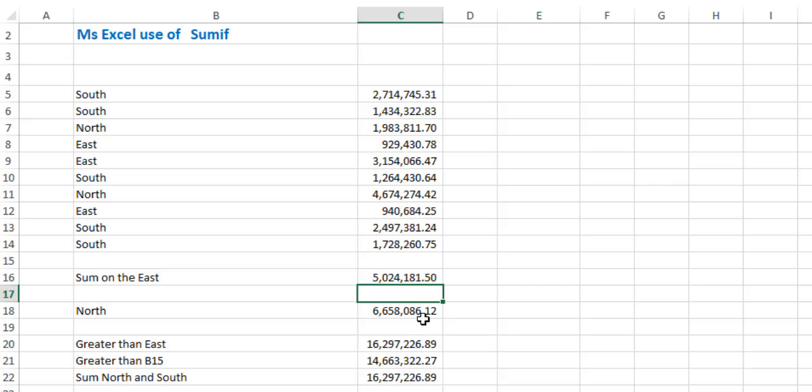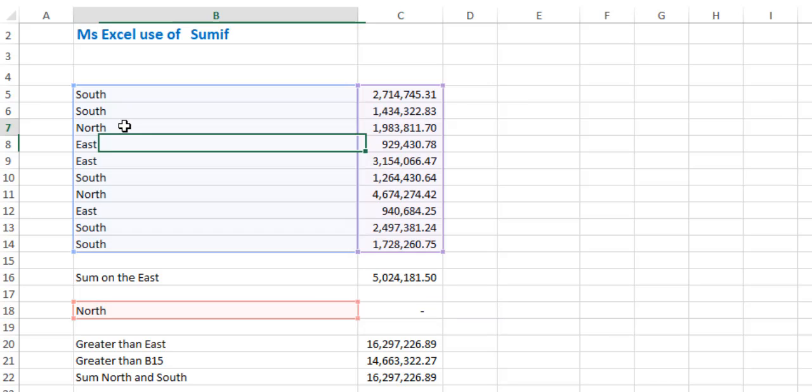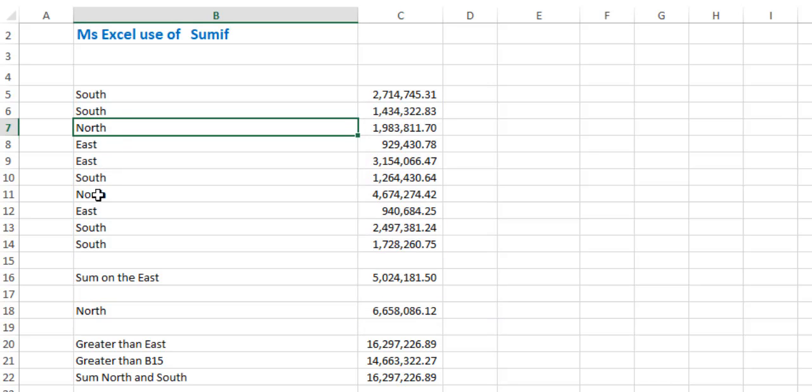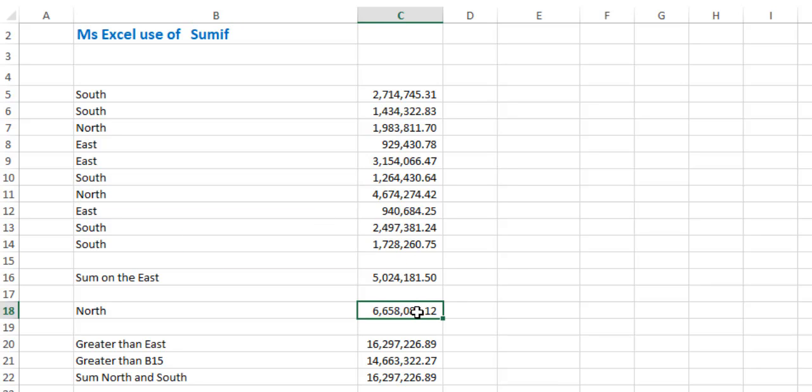But here we wrote north, and then we refer to this B18 cell. We tell Microsoft Excel in this formula to find this north in this range and get the data total. So we can see that there are only 2 north, and the total of these 2 north is here.